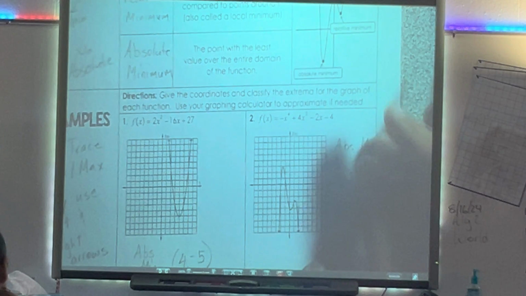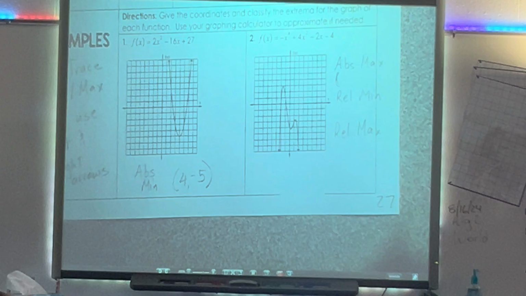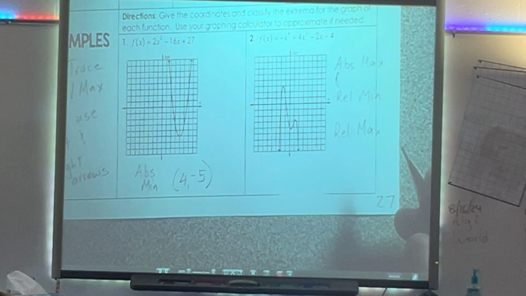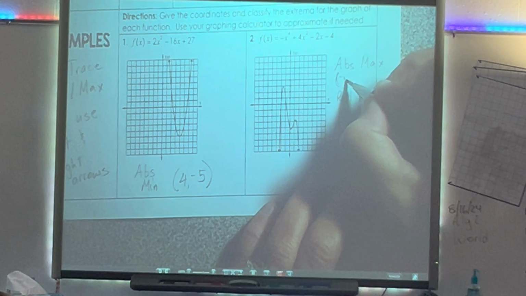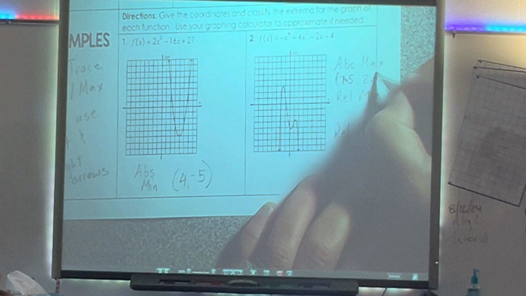Looks like it's about negative 1.5, I don't know exactly what it is, but it's pretty close. Negative 1.5, and what? 2.9, okay.